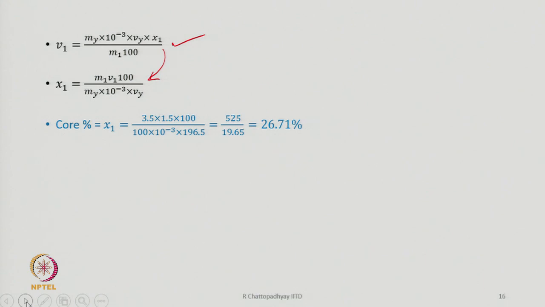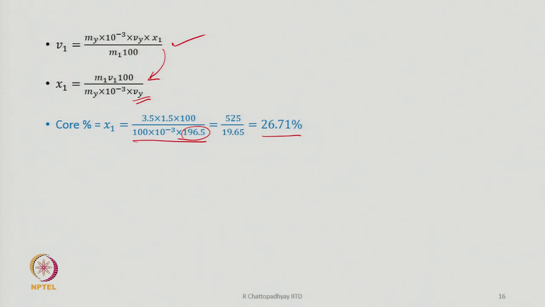What was earlier not known is Vy. So, Vy you have found out in the previous section, and that Vy value we are going to place here, that is 196.5. And if we do it, we get a figure 26.71.